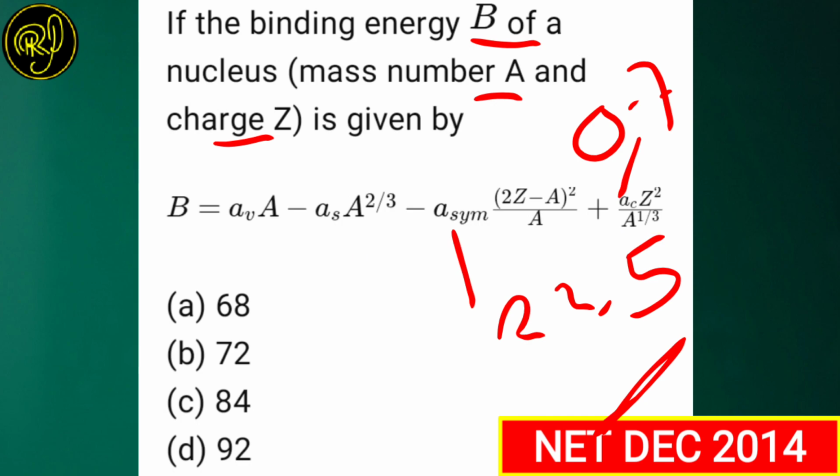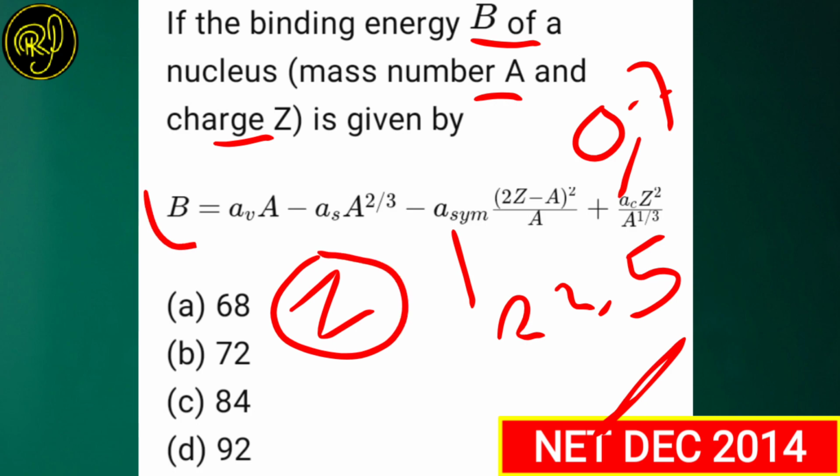That is, here we have to find the atomic number for the most stable isobar by using the formula of binding energy, provided that the terms A_C is the Coulombic energy term, A_sym is the asymmetric energy term, A_S is the surface energy term, and A_V is the volume energy term.